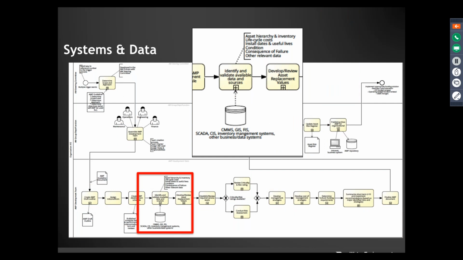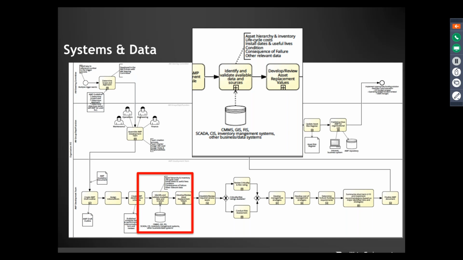Here's an example of how the systems and data can also be connected to activities. Systems such as your CMMS, GIS, a financial system, SCADA, any inventory management systems, and basically any other ERP or enterprise asset management system may be a data source for you as you're building the asset management plans.